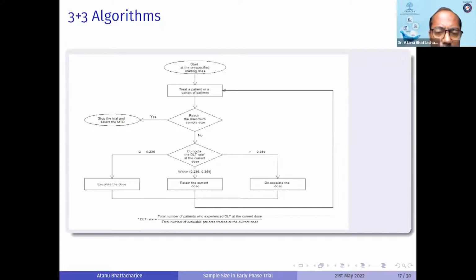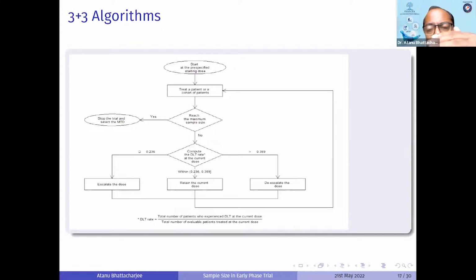Start at the prescribed starting dose, treat a patient or a cohort of patients, and check whether you reach the maximum sample size. If you reach it, then stop the trial and select it as the MTD. If not, then compute the DLT rate at the current dose.